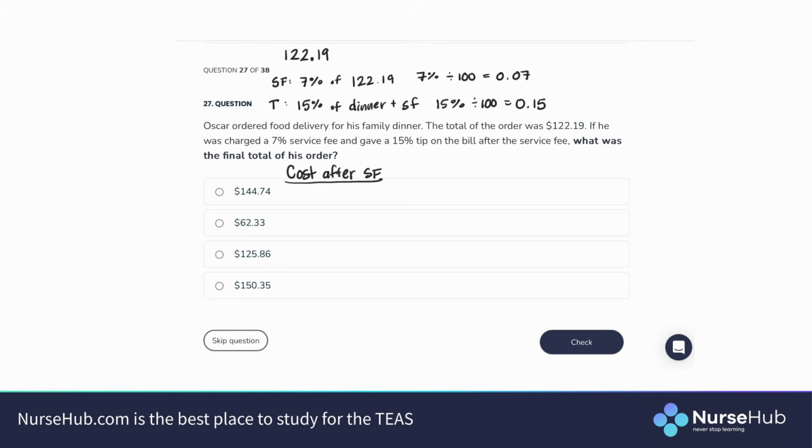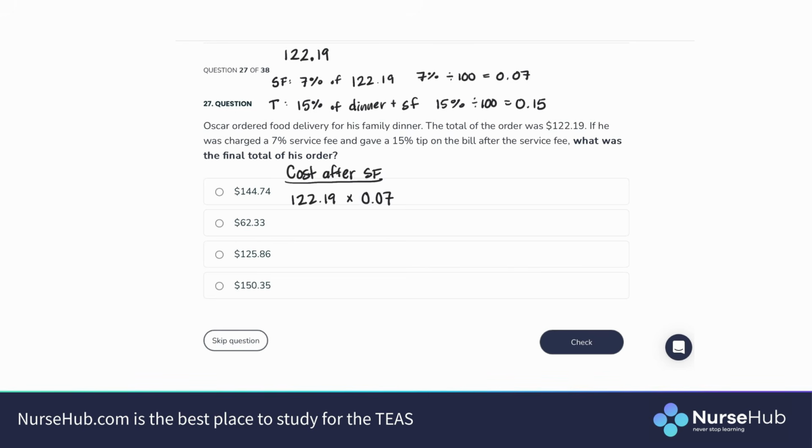So if we take our amount, $122.19, we multiply that by 0.07. Again, multiplying because 0.07 is less than one whole. We're not even using it one whole time. So anything that we multiply by a number less than one whole is going to give us a smaller number. The opposite is true for division.